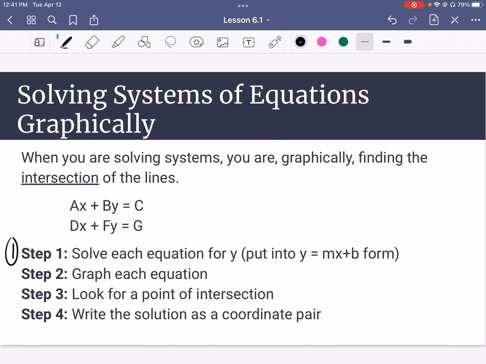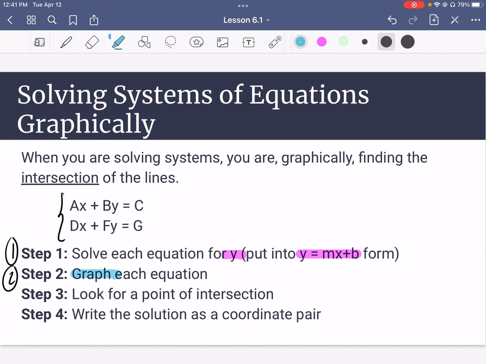Okay, so let's actually look at the steps to solving systems of equations graphically. When you're solving them graphically, you always want to start by making sure they are in slope-intercept form. So that would be step number 1. You may be given the systems, especially at this level in college algebra, in standard form like we have here. Okay, and if that's the case, then you need to rearrange to solve each equation for y and get it in y equals mx plus b form.